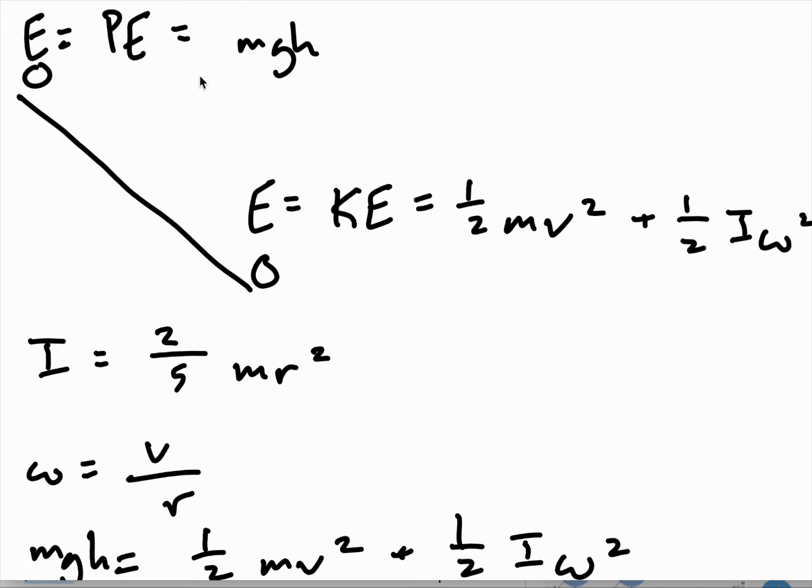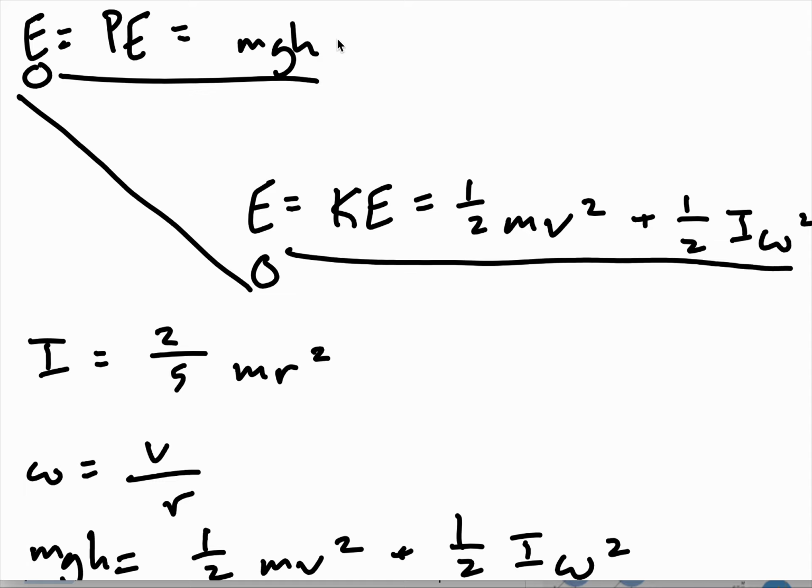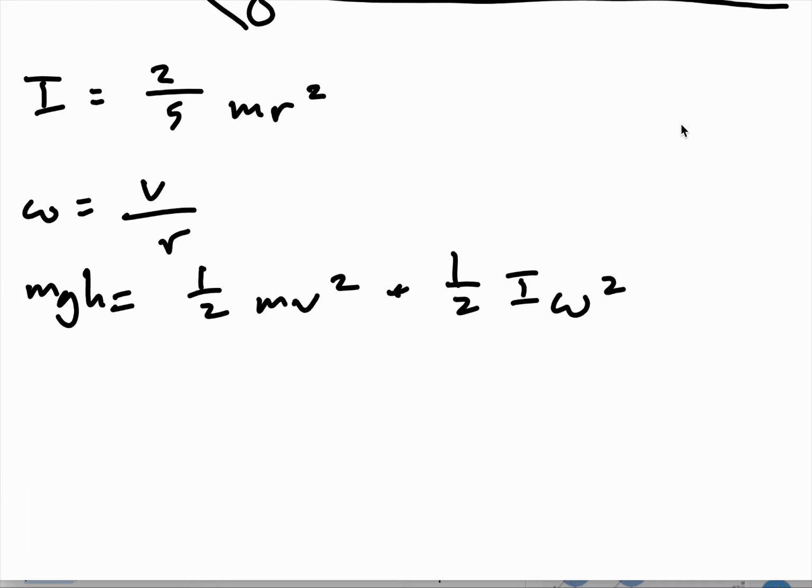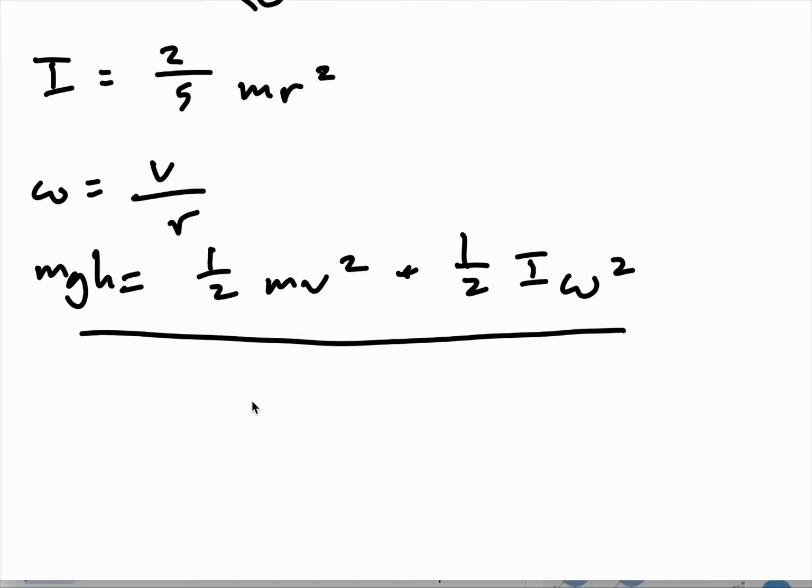Because of the conservation of energy, the total energy must be constant, right? So the gravitational potential energy gets converted into kinetic energy, right? So then you get this equation here, all right?